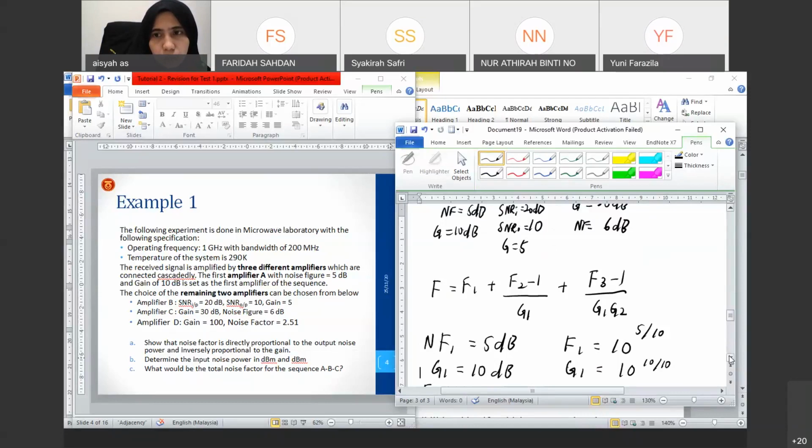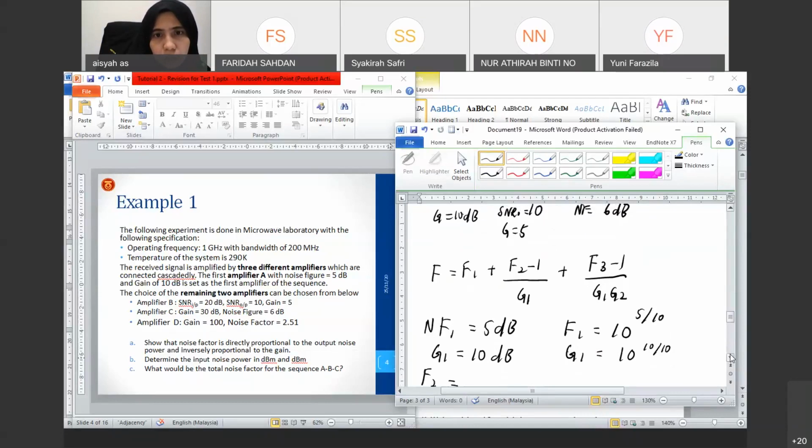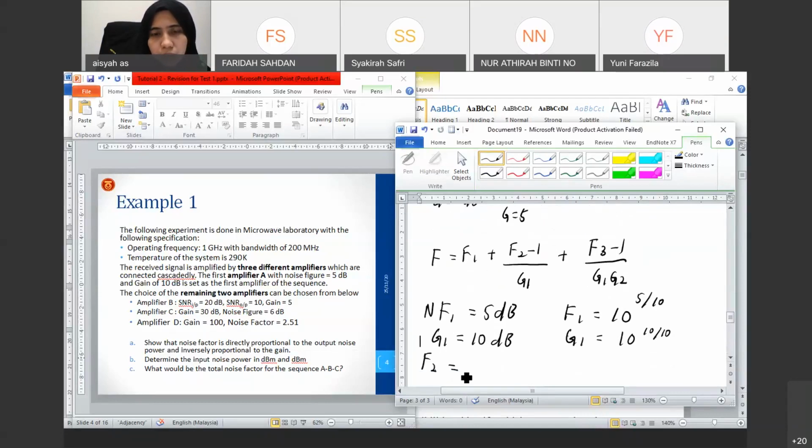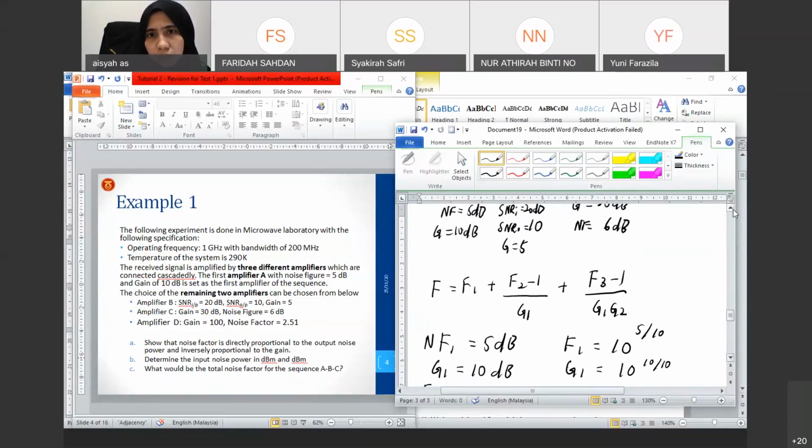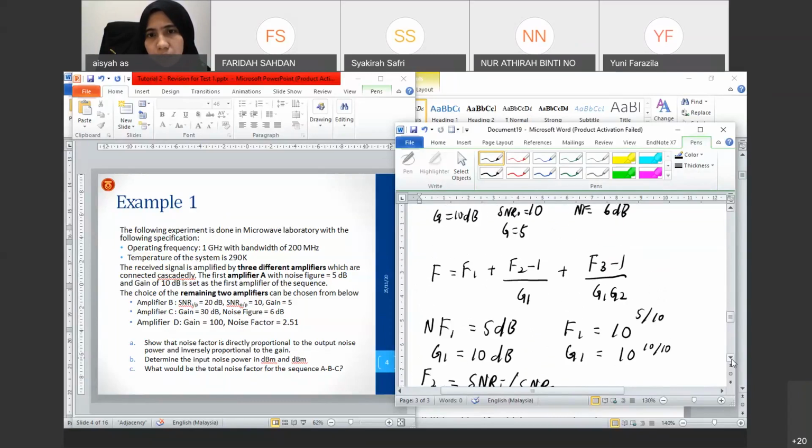So the formula for F is SNRI over SNRO. And then the SNRI given is 20 and 10.